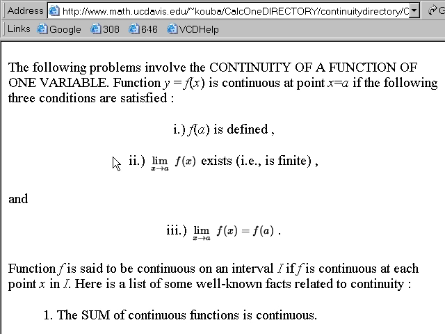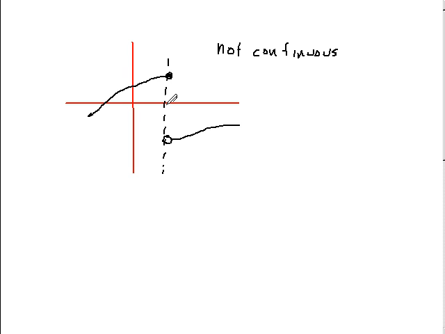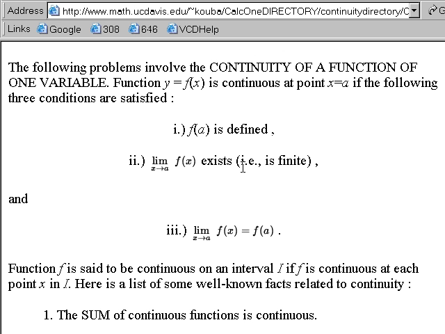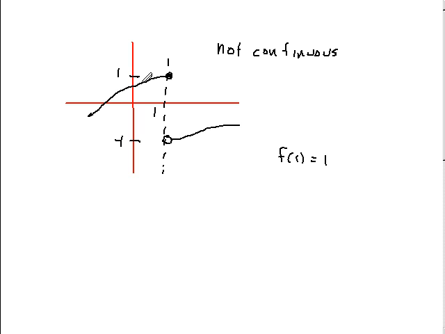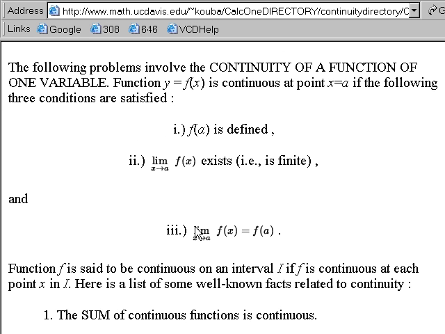If this is the point, say 1, 1, f of 1 is equal to 1, because it includes this point here. And the limit, furthermore, exists from this side and this side. Both limits exist, but the problem is, of course, that the limit is not the value of the function. And that's why there's a discontinuity here.